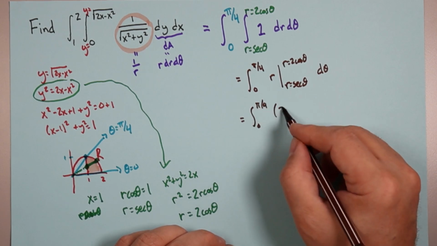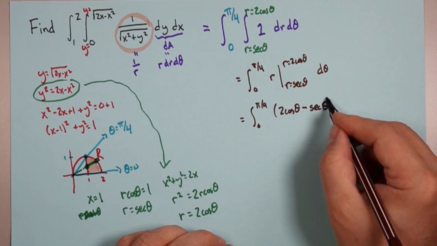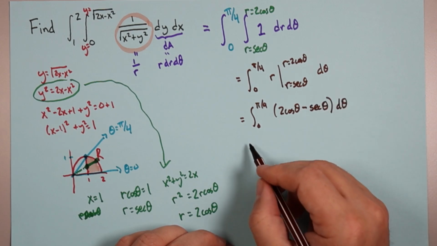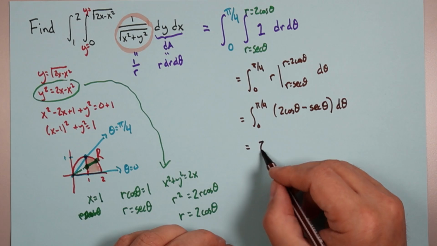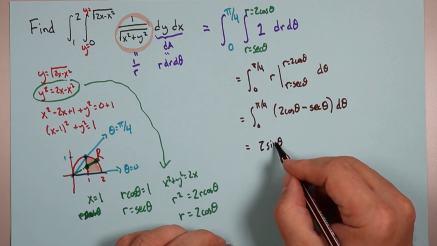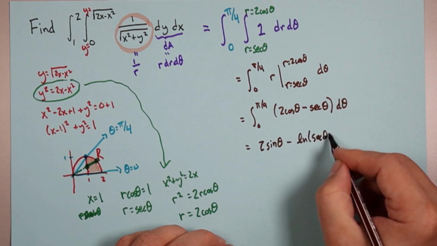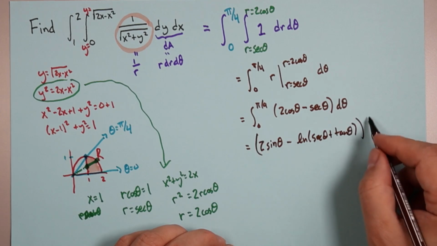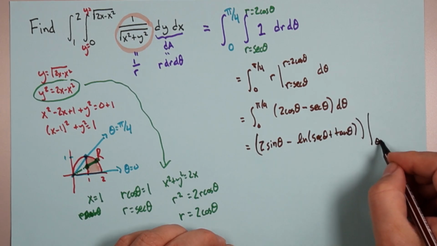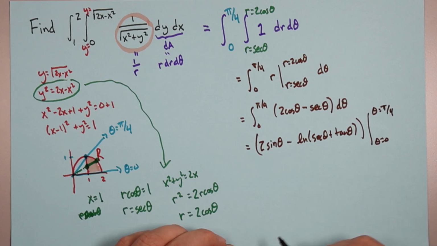That would be 2 cosine theta minus secant theta d theta. And we can integrate. Integral of cosine, positive sine. Integral of secant, log secant plus tangent. And of course, we need to evaluate from theta equals 0 to theta equals pi over 4.